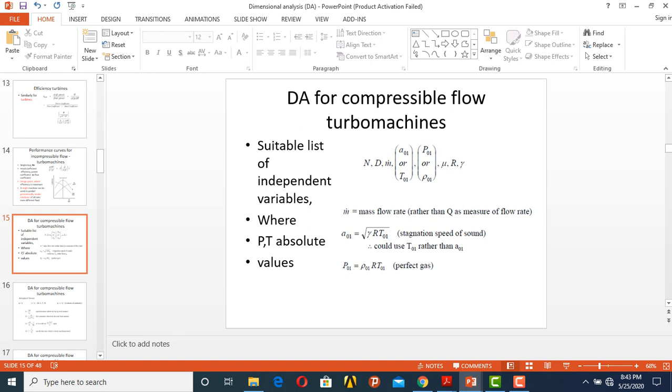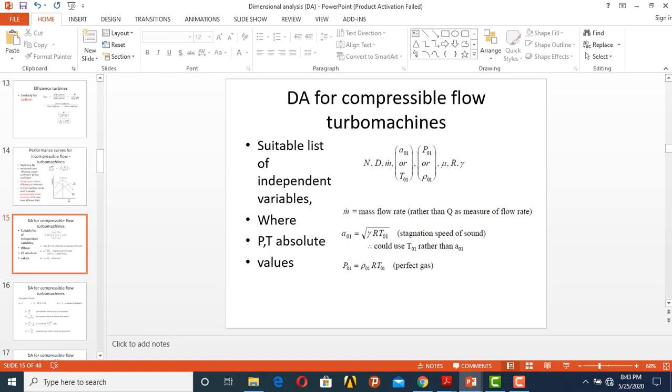Earlier we had parameters like diameter, density, and speed, which is reflected by N. But for non-dimensional ratios, we will bring in some variables, like the specific speed, in this case represented by a subscript 01.